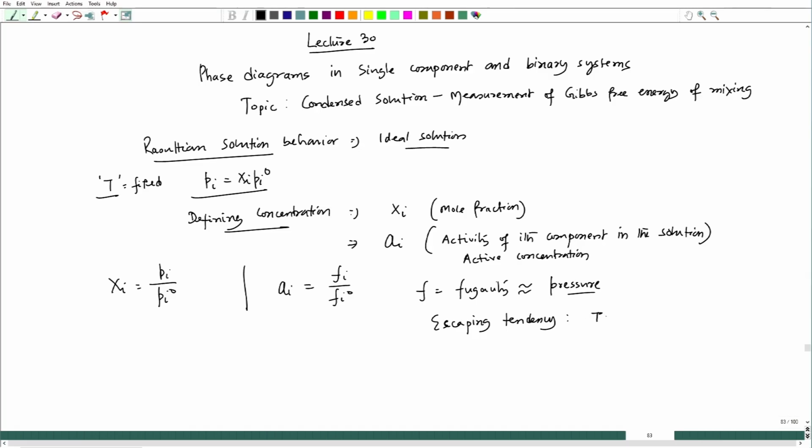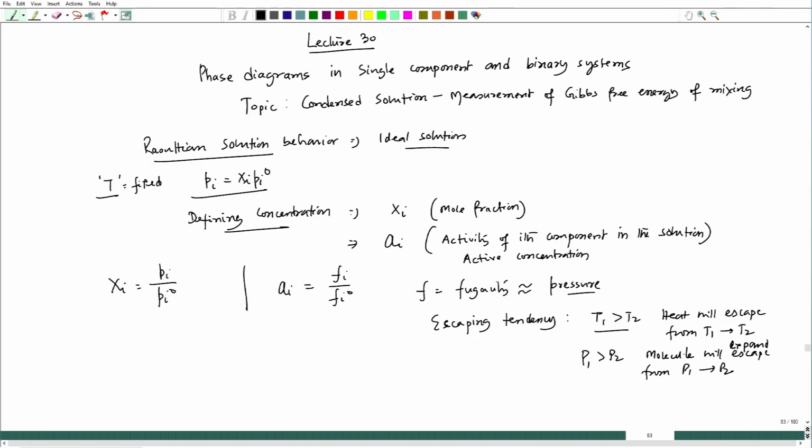We said that if T1 is greater than T2, heat will escape from T1 to T2. When P1 is greater than P2, molecules move from high pressure to low pressure, or we can say molecules will try to expand in order to reduce the pressure.